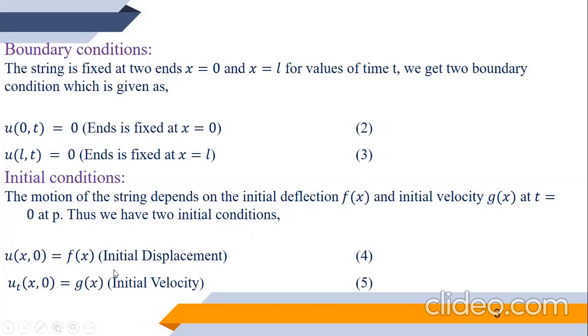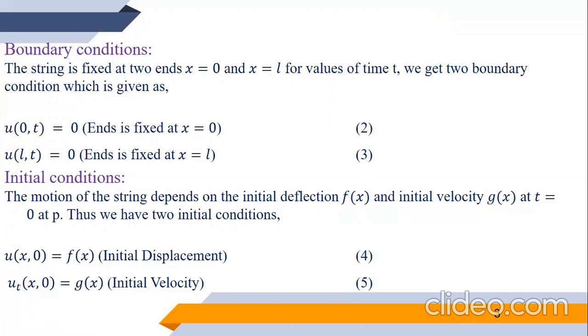Now there are different types of one dimension wave equation problems, and we consider three parts. That means problem 1, problem 2 and problem 3. All things are the same, that means the boundary condition is similar for all problems.